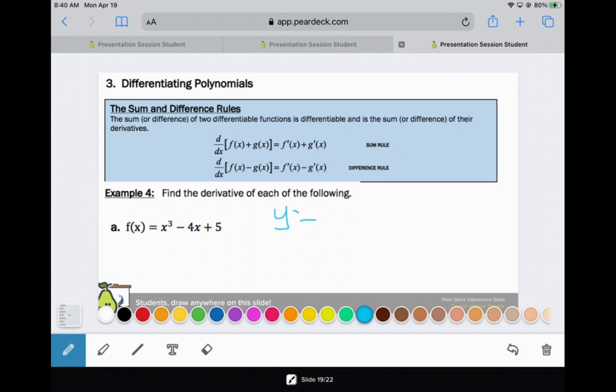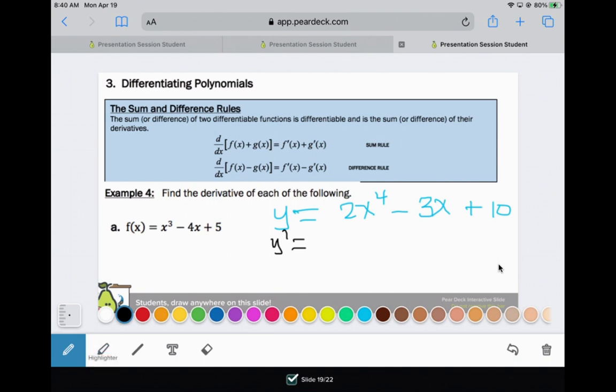If I have y equal 2x to the fourth power minus 3x plus 10. Okay, we can do this. So if this is the example, I don't have it on the slide, so if you want to copy this down, then do so.